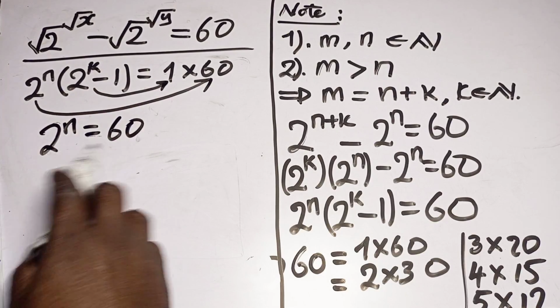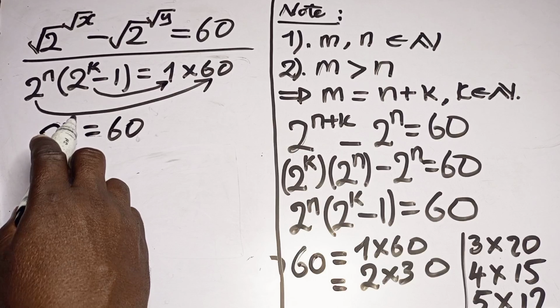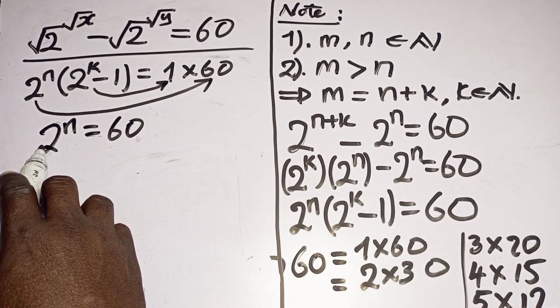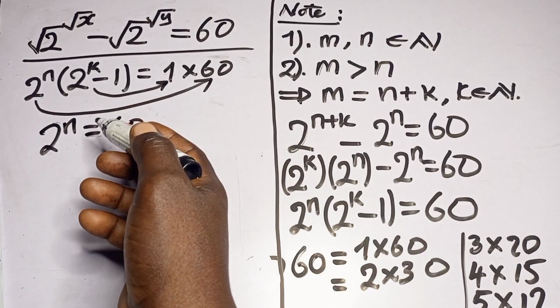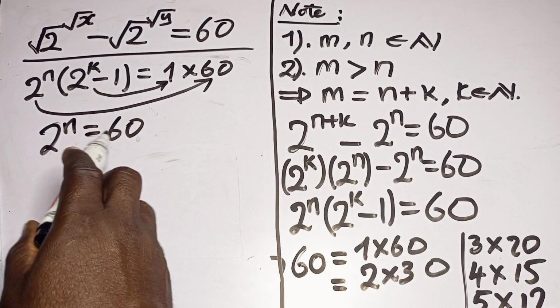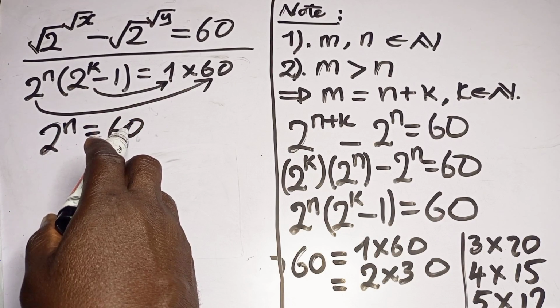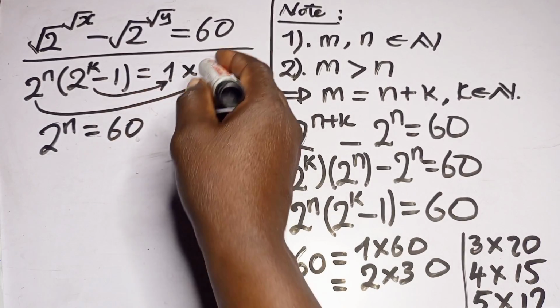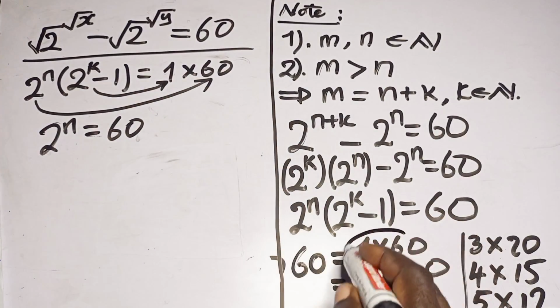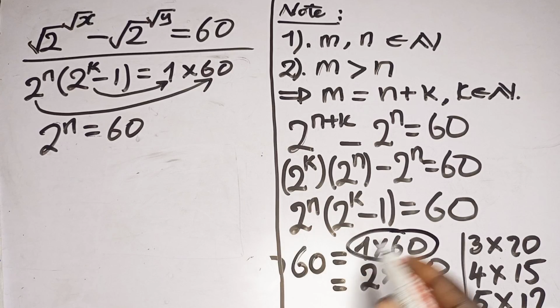Now looking at this, it means there would be a certain natural number so that when we raise 2 to that power, it will give us 60. But we know that there is no power of 2 that gives us the result 60. Consequently, the choice 1 times 60 is not a good choice. And so that is cancelled.